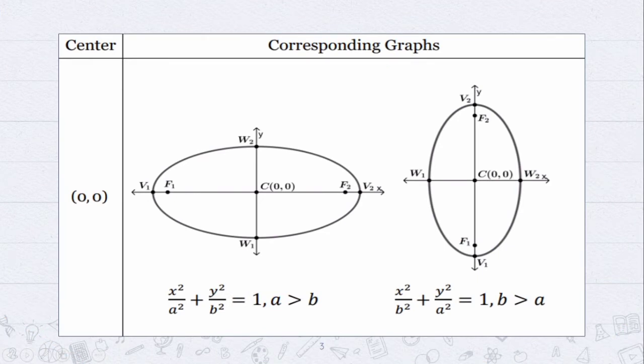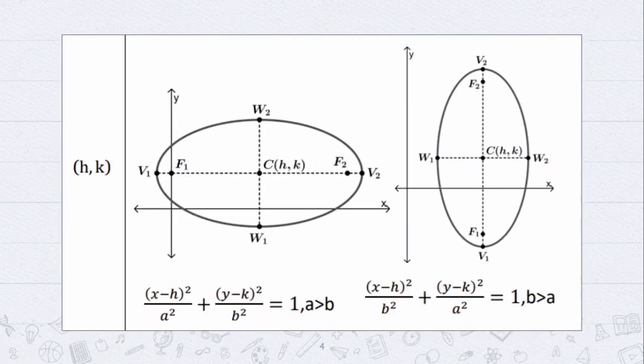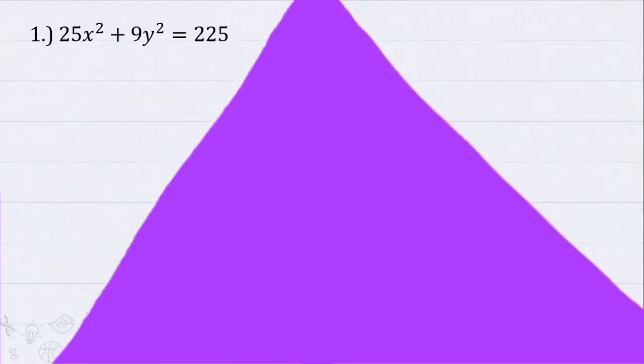We also have to remember the corresponding graphs depending on the center. If our center is at 0, 0, we have here the following equation. And if our center is at HK, we have here another equation. With this, we are now ready to start graphing an ellipse.